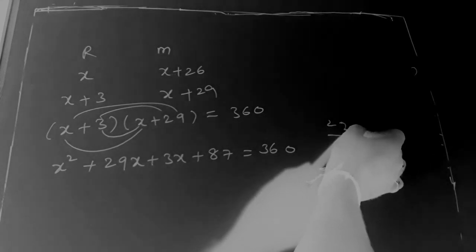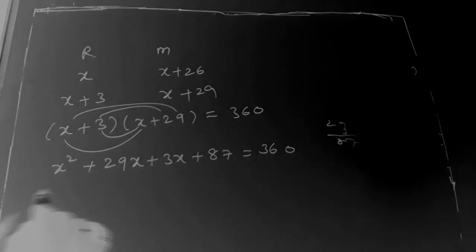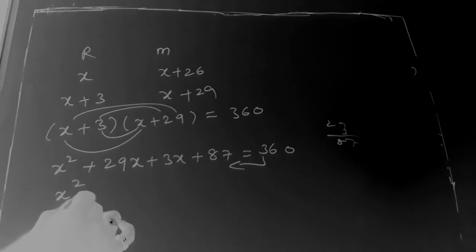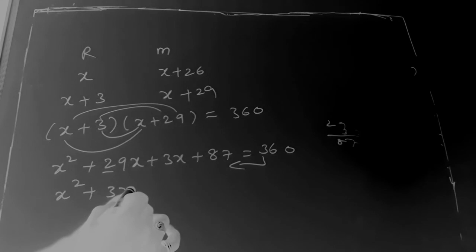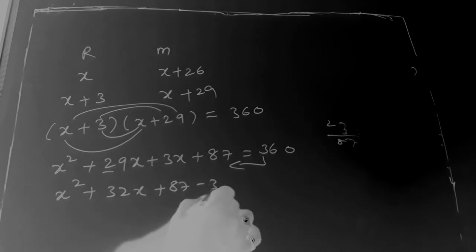3 9s are 27, 2 here 7, 3 2s are 6 plus 2 is 8, 87. Now we bring it to the left side. x square, 29 plus 3, 32x, plus 87 minus 360.